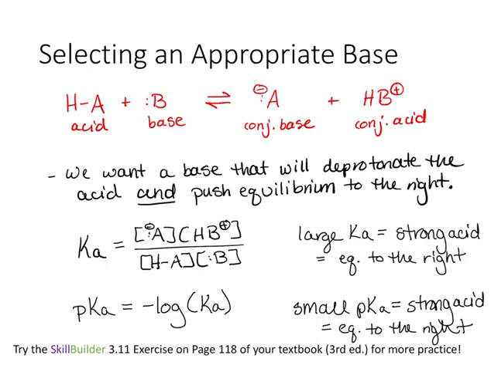All right, so that being said, we want the pKa of our original acid in the reactants to be smaller than the pKa of the conjugate acid in the products. So our conjugate acid should be really weak compared to the original acid. Now, the reason for that is, remember, a strong base is going to produce a very weak acid.